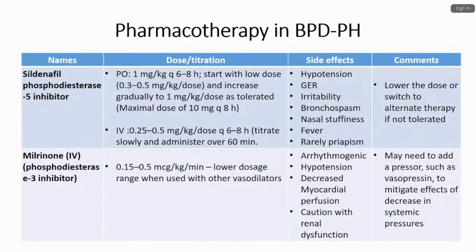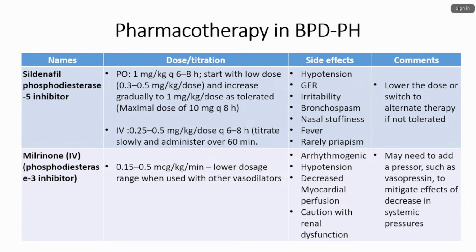First is sildenafil, a phosphodiesterase 5 inhibitor. The oral dose is 1 milligram per kg every 6 to 8 hourly. Start with a low dose of 0.3 to 0.5 milligram per kg per dose and increase gradually to 1 milligram per kg per dose as tolerated. The IV dose is 0.25 to 0.5 milligram per kg per dose every 6 to 8 hourly, titrate slowly, and administer slowly over 60 minutes.